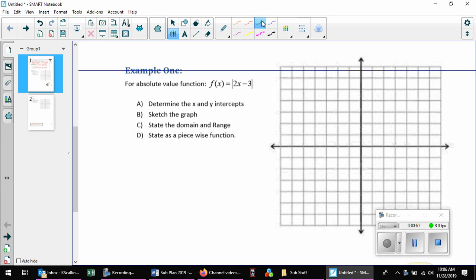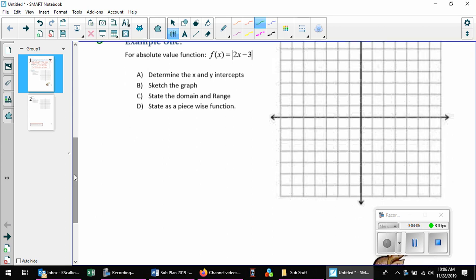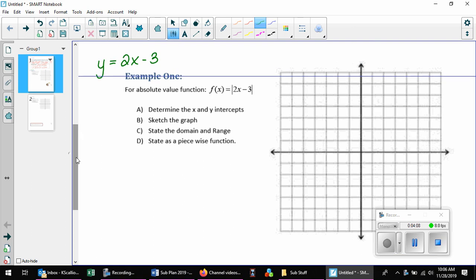Let's, for funsies, graph this. Do you guys remember how to graph a linear function? It's easy. How I do it is I'm going to graph the y-intercept first. So where's my y-intercept? -3.